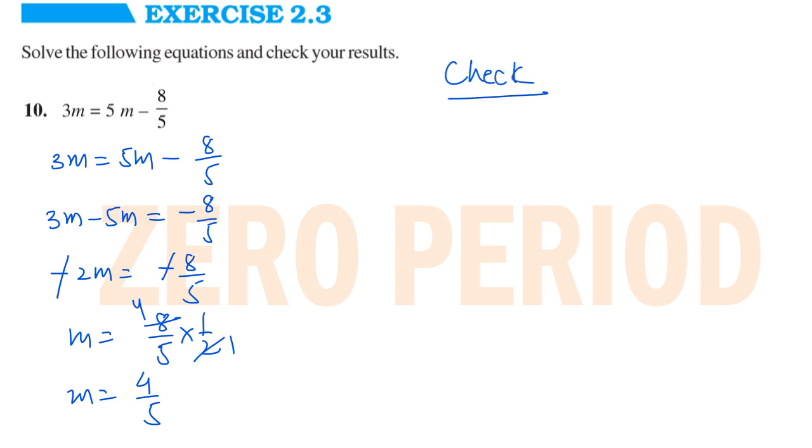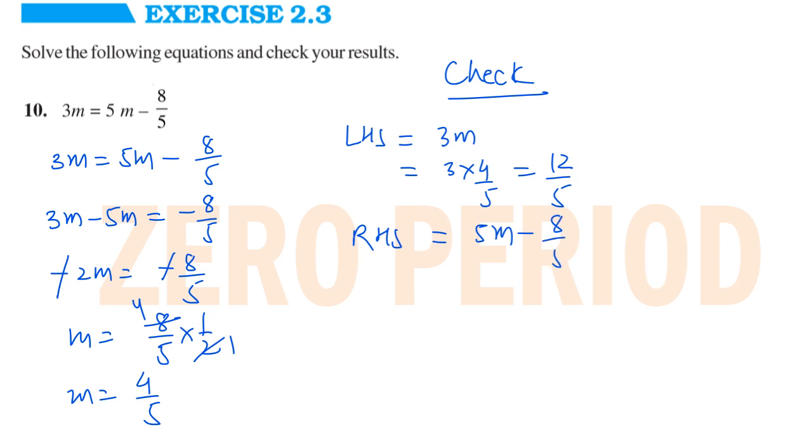Now go for checking. LHS is 3m, that is 3 into 4 upon 5, 12 upon 5. Then right hand side 5m minus 8 upon 5. So 5 into 4 upon 5 minus 8 upon 5. This will be 4 upon 1 minus 8 upon 5.